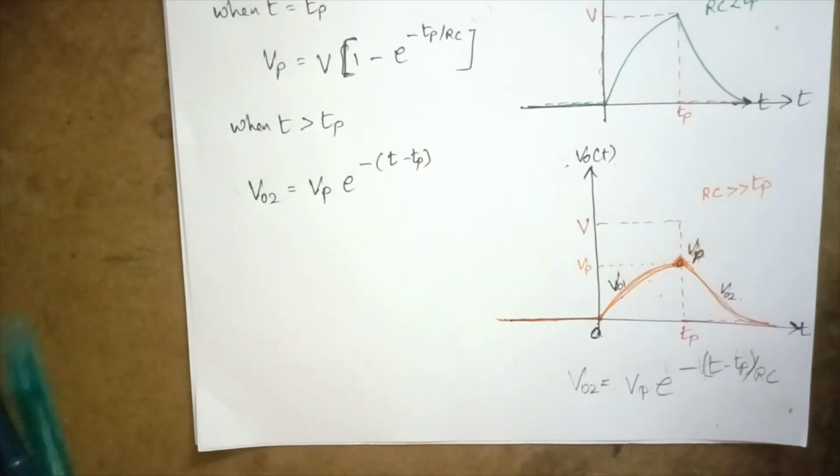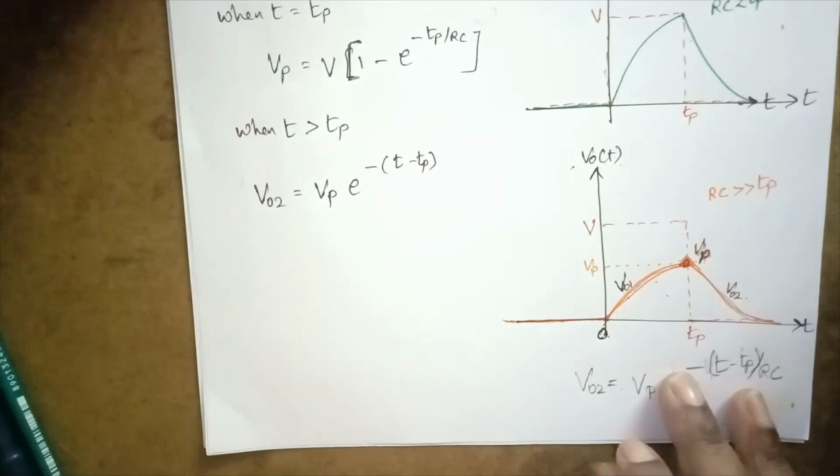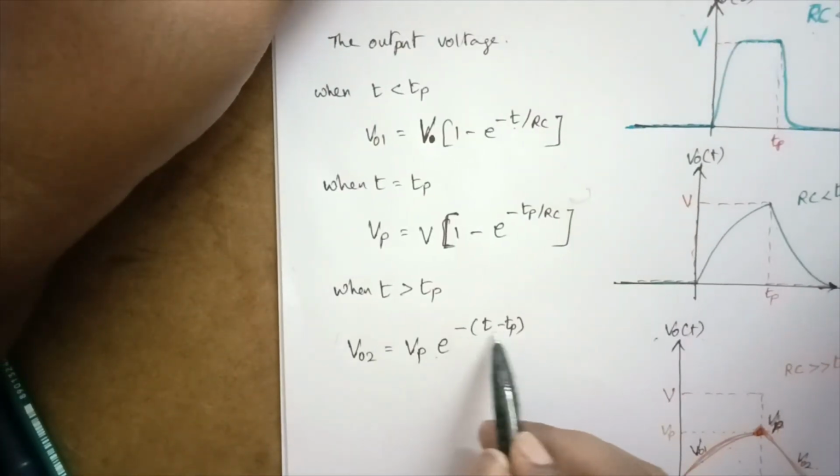So this equation becomes Vp into e power minus (t minus Tp) by RC.